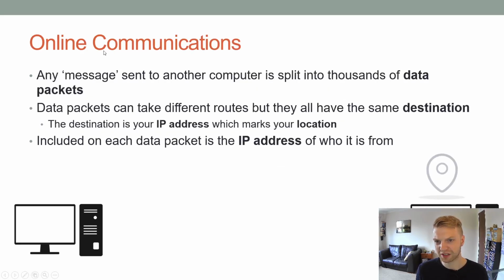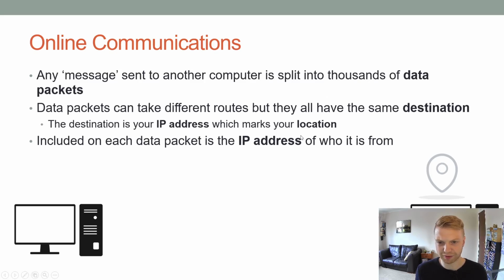Whenever a communication is made online, whenever an email is sent, or a website or a file is sent, it's split into thousands of data packets. And they're all going to get to your computer eventually. This is why it's not just one big packet. When you download something, for example, that's why there's a 0 to 100% bar, it's how many data packets you're getting in. They can all take different routes.